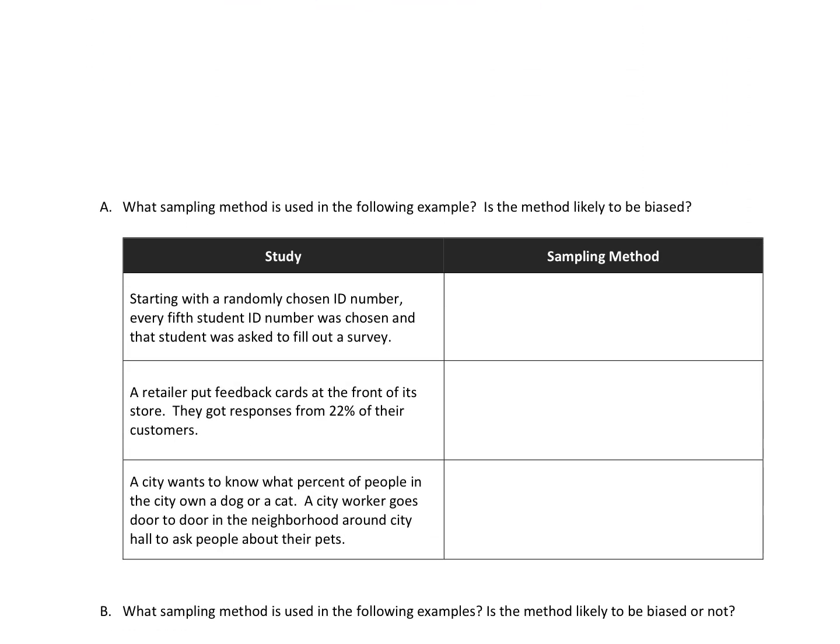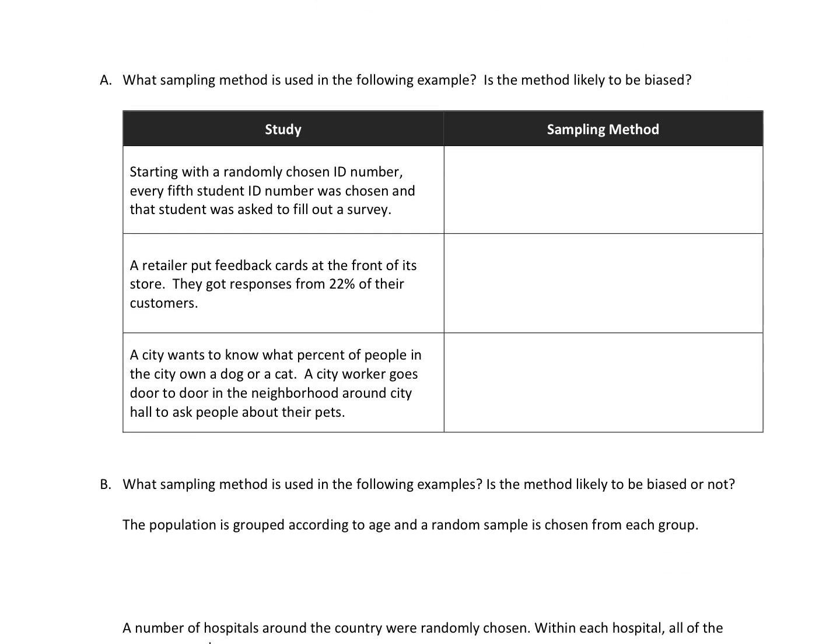All right, so let's just take a look at some examples and we'll quickly identify what type of sampling we're doing. So if our study involves starting with a randomly chosen ID number, every fifth student ID number was chosen, and that student was asked to fill out a survey. This is an example of systematic sampling.